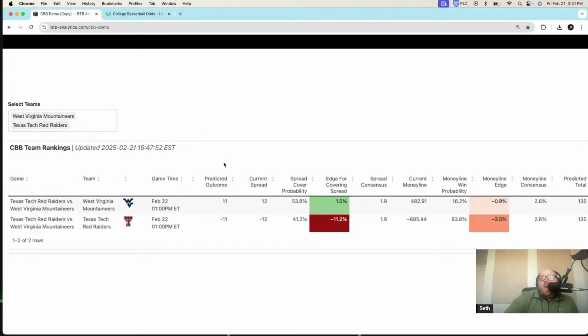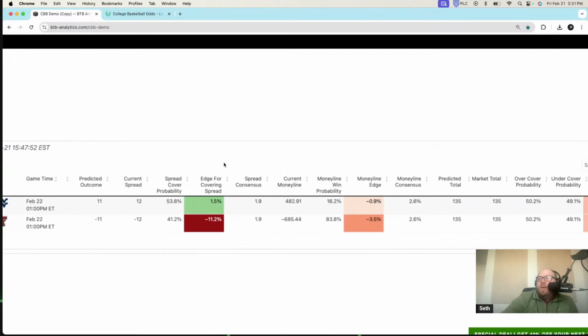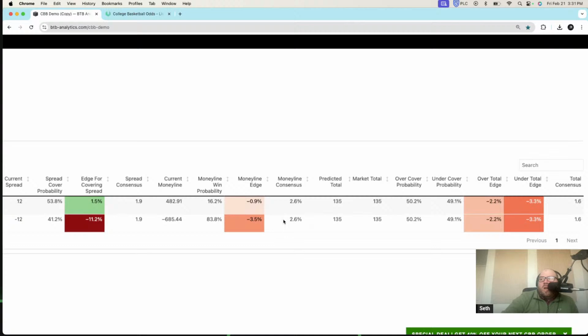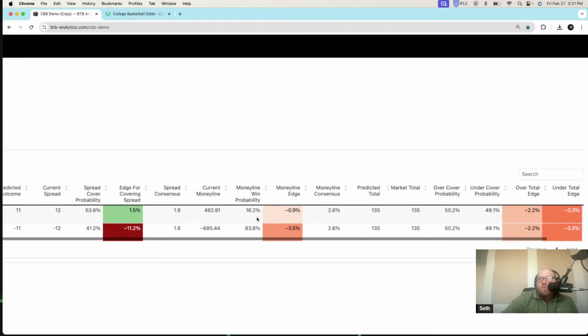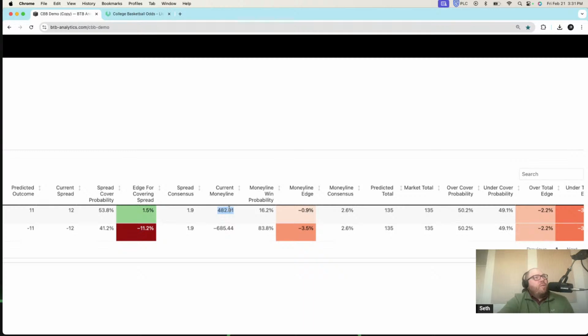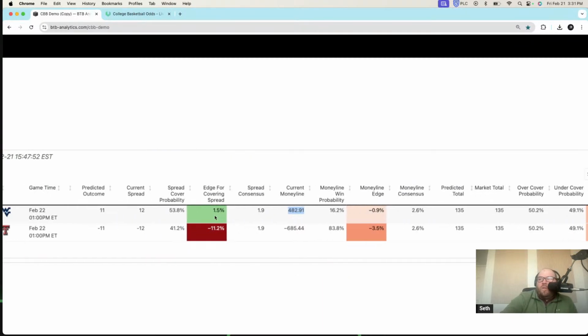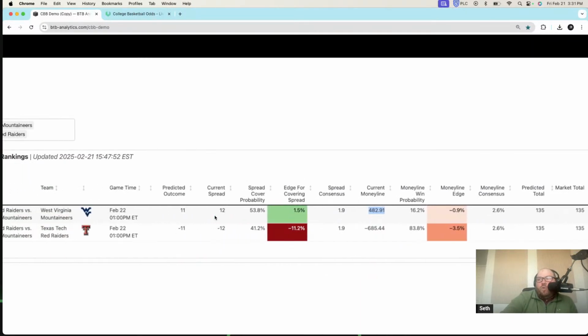We make this game plus 11 for West Virginia, plus or minus 11 for Texas Tech, a 1.5% edge for West Virginia on the spread. No value on the money line or total. I do think that if you can get like a plus 500 for the money line for West Virginia, there is potential break even, at least probability.